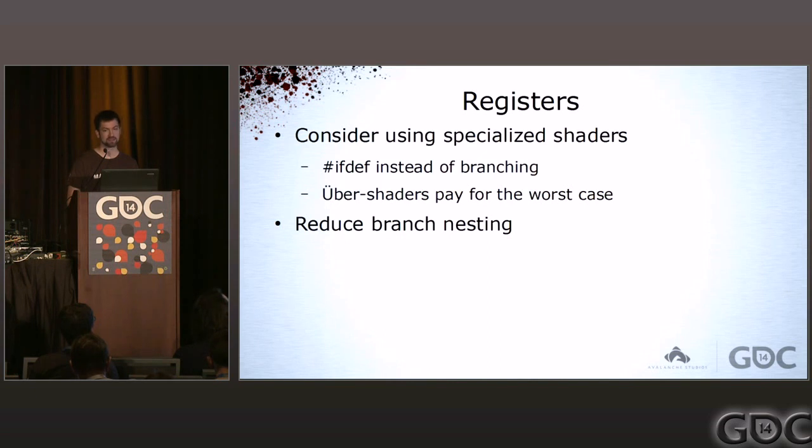Also look at things like branch nesting. Even if branches are fast in the hardware, the impact on the registers is usually the thing you should look out for. So if you can reduce the nesting of branches, that usually has a good impact on the number of registers.